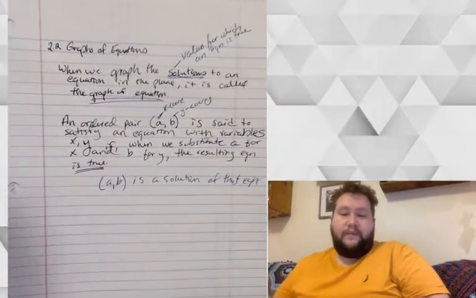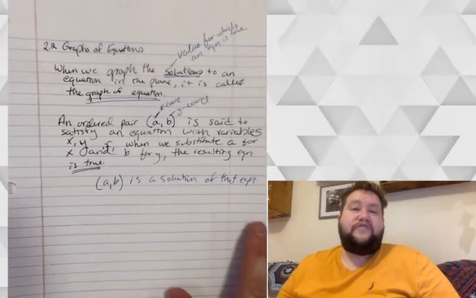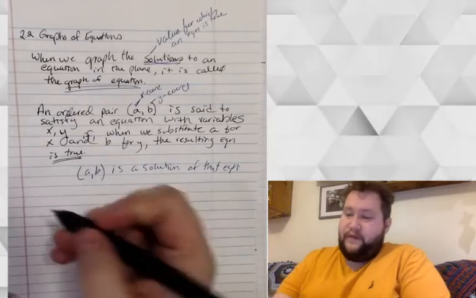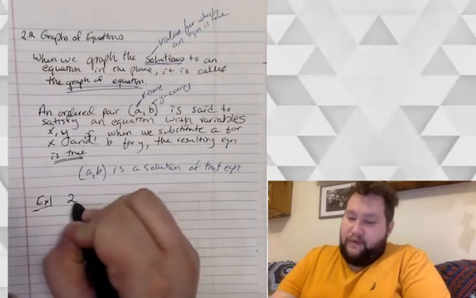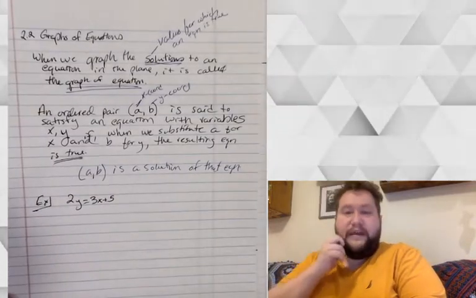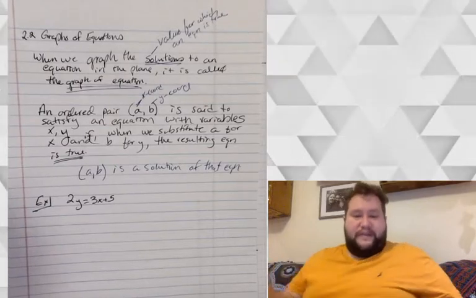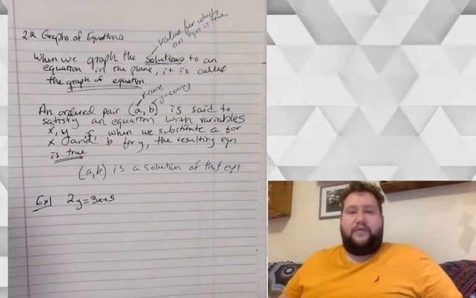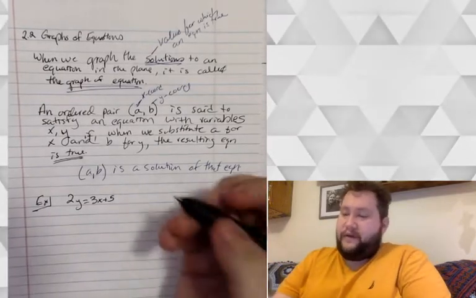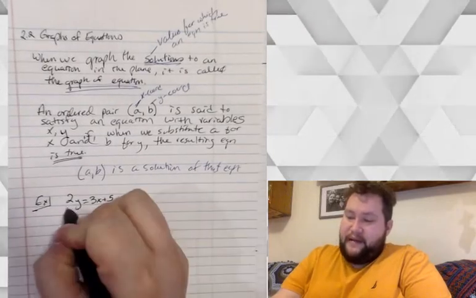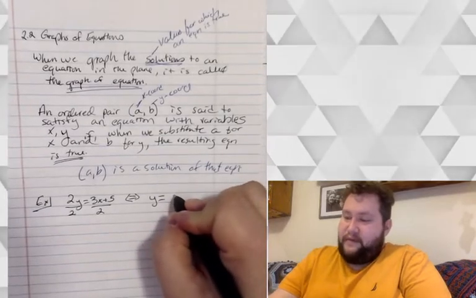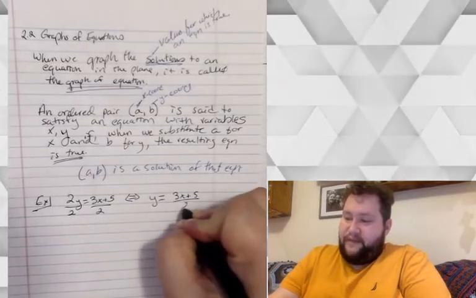And so let's first just practice checking to see if a given point is a solution to a given equation. So consider this example: 2y equals 3x plus 5. Generally speaking, it's nice to have one of the variables alone, because then when you plug in, say, your x value, you can just get your y value out, right? And so that's the same as if I go ahead and divide both sides by 2. Remember, that preserves equivalence. That's the same as y equals (3x plus 5) divided by 2.